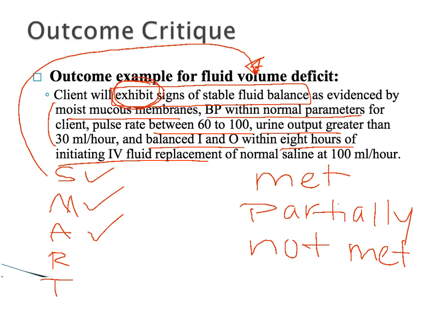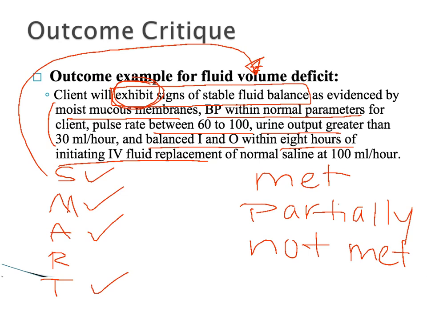Within 8 hours of initiating IV fluid replacement, I'm supposed to come and see if their blood pressure is better, their pulse is where it should be, their urine output is good, and they have balanced I&O. That is a strong time reference, and here's why.